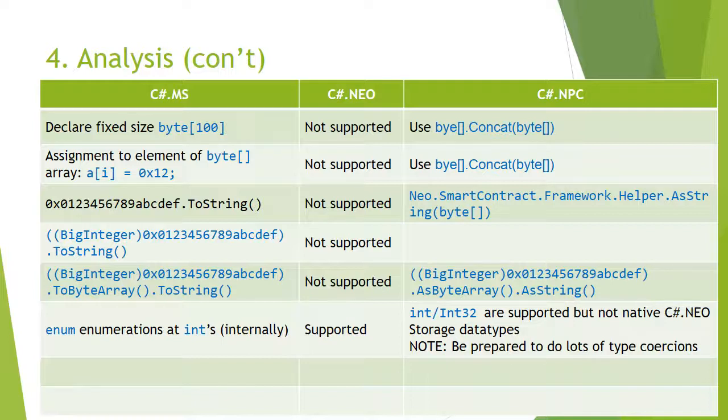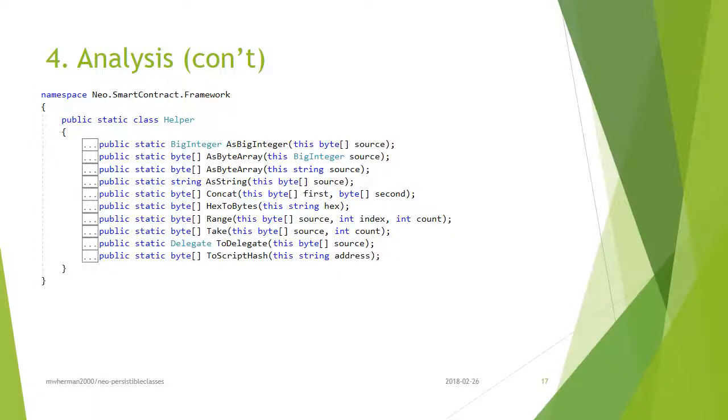So they're great things to use. Just be prepared to do lots of conversions from the enum to int, and then from int to big integer, depending on what you're trying to do. Okay, so those are the primary use case scenarios where C#.neo varies from C#.ms.